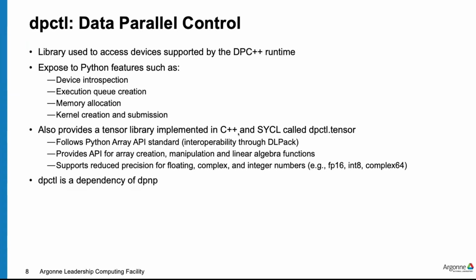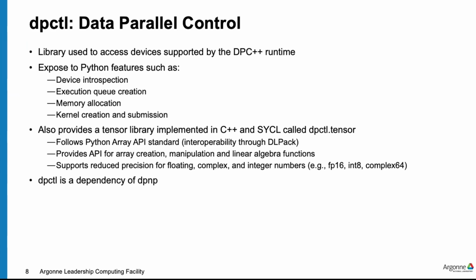DP control also provides a tensor library that is in a way very similar to DPNP. So there's a lot of overlap here. Perhaps the key is that it follows the Python array API standard. And so we'll see later, this is really important to provide interoperability through DLPack to things like PyTorch.